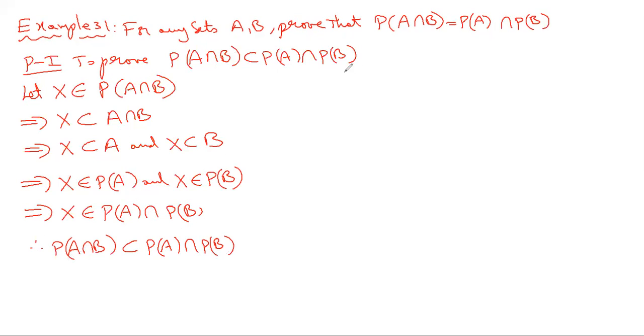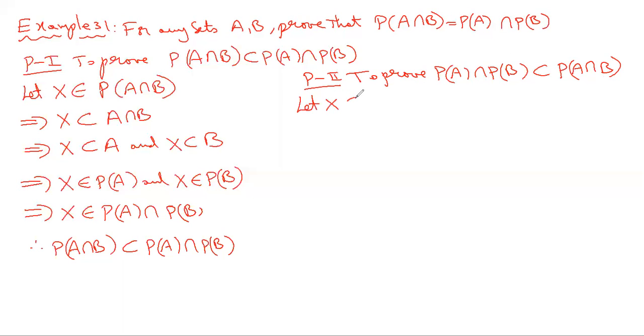And we're done with the first part. Part two, to prove P of A intersection P of B is a subset of P of A intersection B. Again, start with an arbitrary element in the first set.